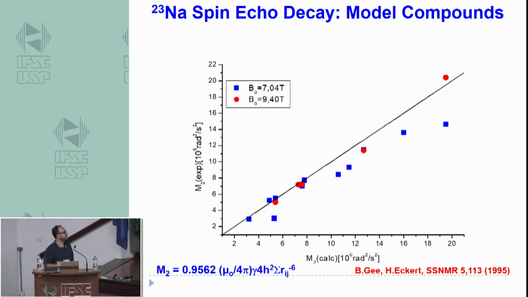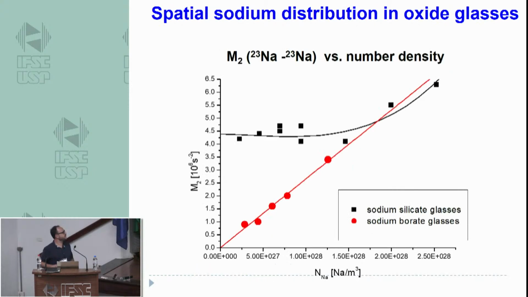You see that we have a very linear correlation between calculated values for the crystalline structures and the experimental values. And when we do this for glasses, here we have two examples: sodium silicate glasses and sodium borate glasses. For the borate, we have a linear variation of second moment with composition, which means that this distribution is statistical.